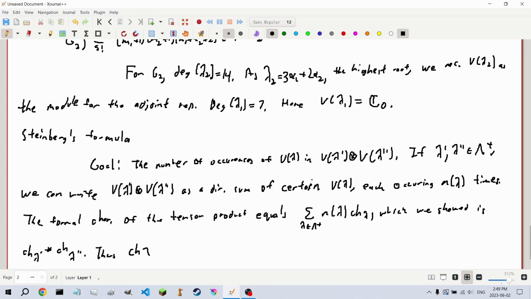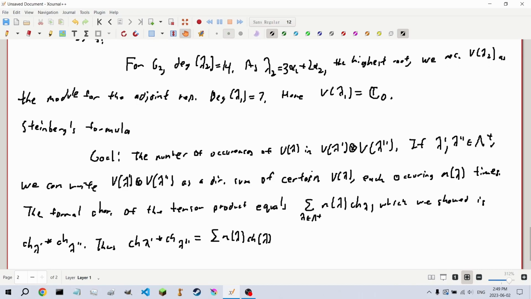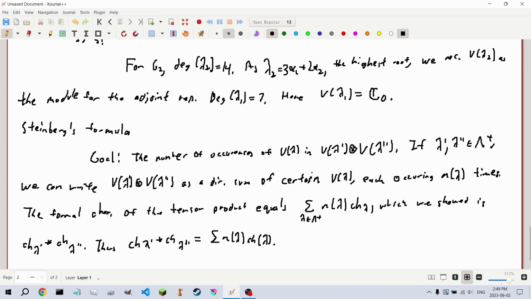Thus, we can just write this out explicitly, that the character of lambda prime convoluted with the character of lambda double prime is the sum of n lambda times the character of our lambda, as before. We're keeping our omega abbreviation from before.